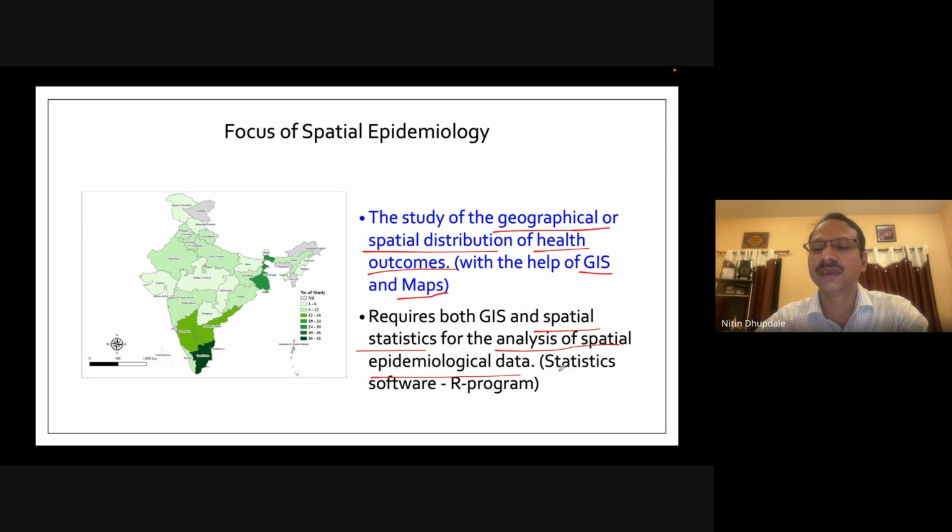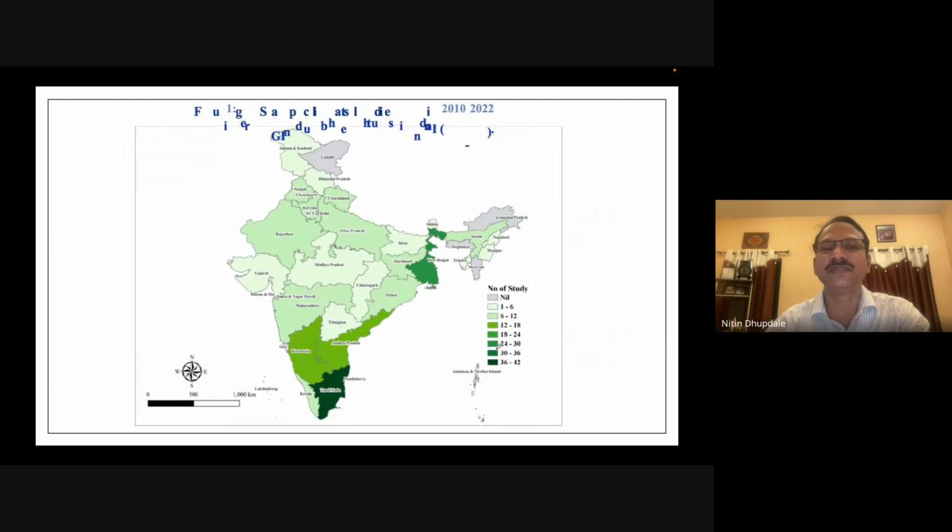So we use GIS softwares, as well as you can use R program or any other program to do the analysis. So we have two focus, that is to study the geographical or spatial distribution of health disease, and also to do the analysis of this data to draw some inferences.